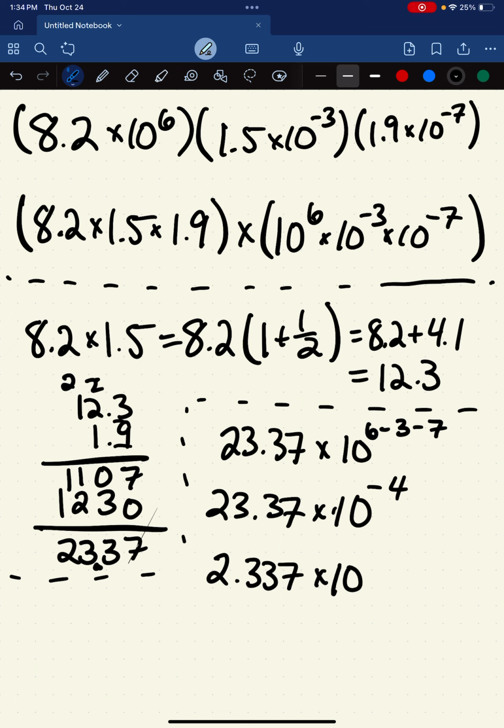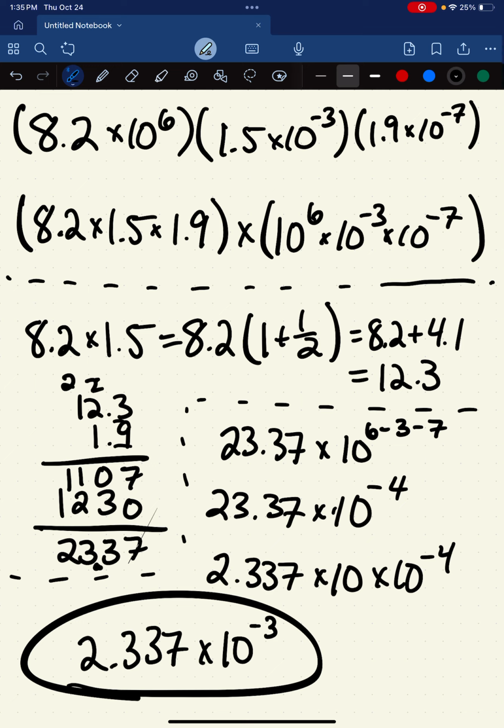That's 2.337 times 10 times 10 to the minus 4. Again, I can't stress this enough, this number and these are the same thing. We haven't changed anything. So then we get 2.337 times 10 to the 1 minus 4, which is minus 3.